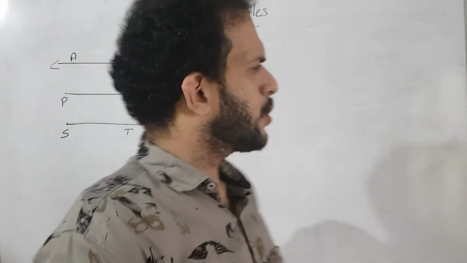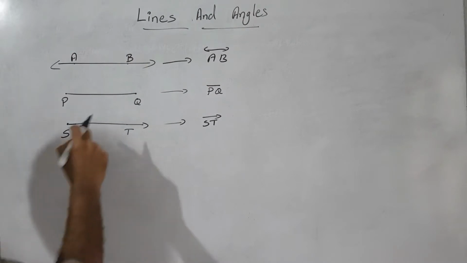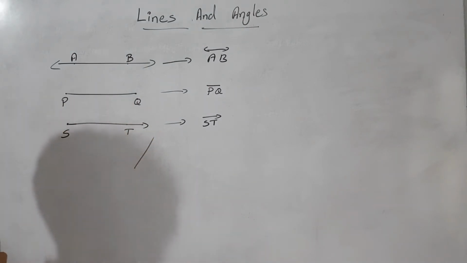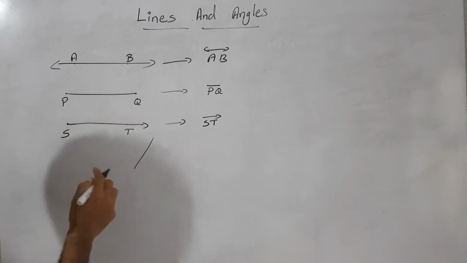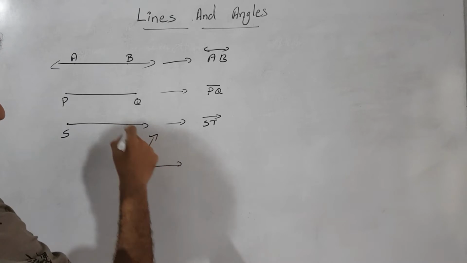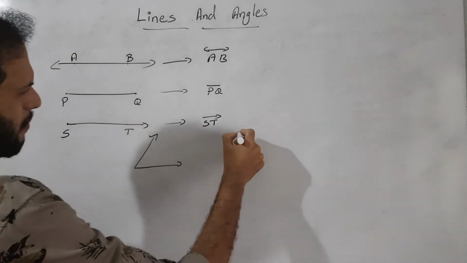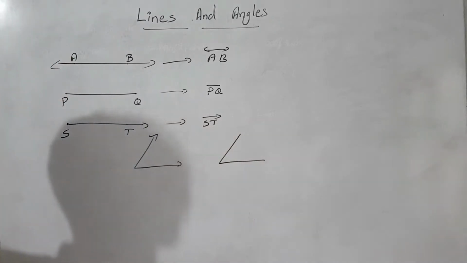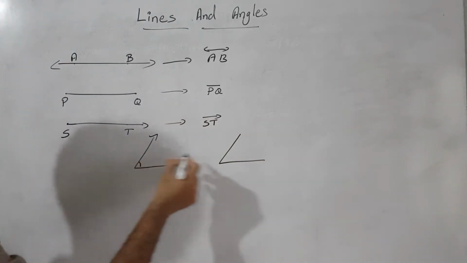If two rays or two line segments originate from one point, two rays or two line segments intersecting at one point, then there exists an angle.